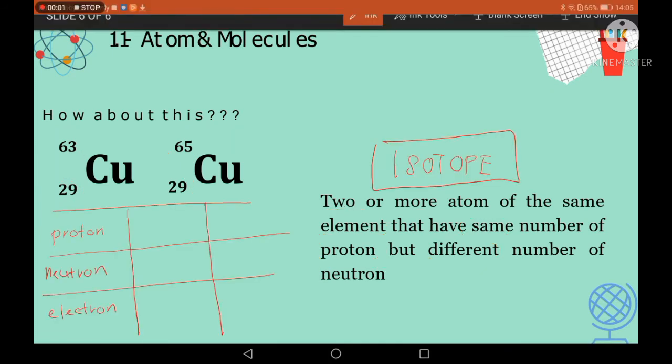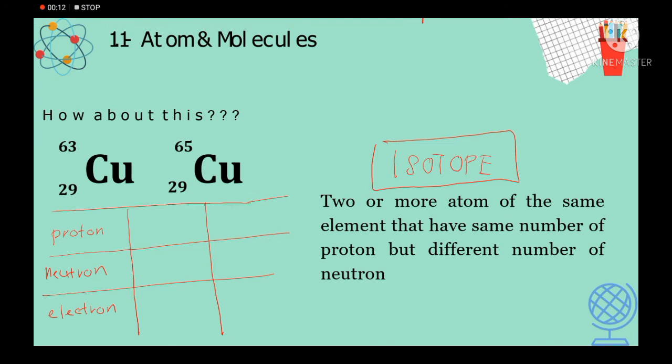The last part for the first lesson, 1.1 about atom and molecule. For example, if we have copper, we put these atomic particles into a table. The proton number should be 29, both have 29, because they are isotopes. How about the number of electron? The number of electron will be the same because it is an atom, so 29 as well: 29 for copper-63 and 29 for copper-65.